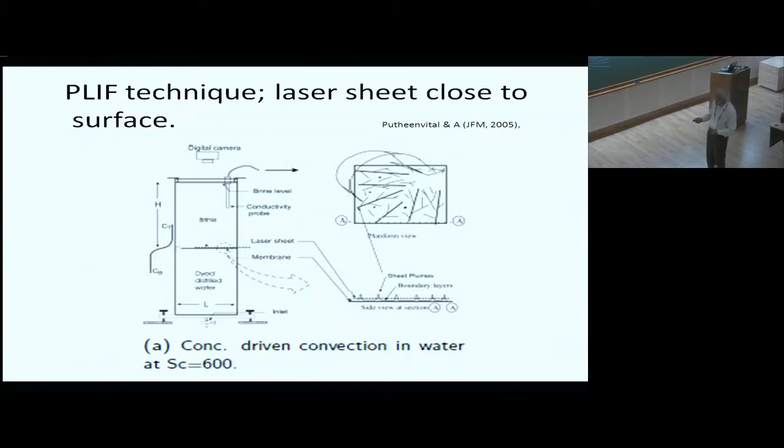If you can imagine, this is the membrane surface, and the laser sheet is just above that surface, and if these plumes are crossing that sheet, what you see is those lines corresponding to those plumes. So what you see are typically lines like this, which correspond to the plumes which are rising from the surface. As I said, the Prandtl number is around 600.